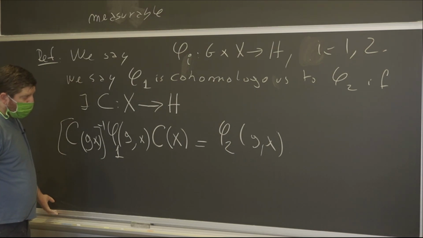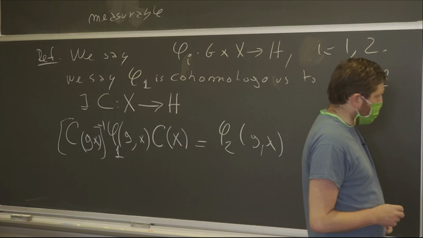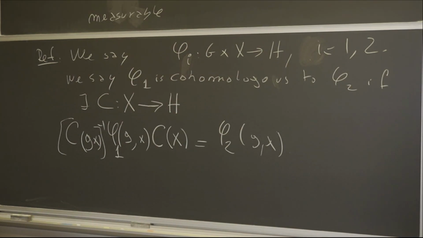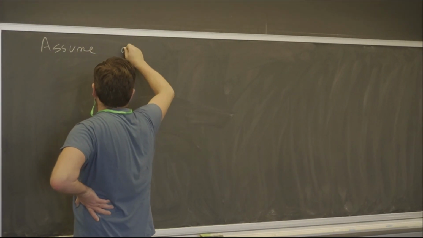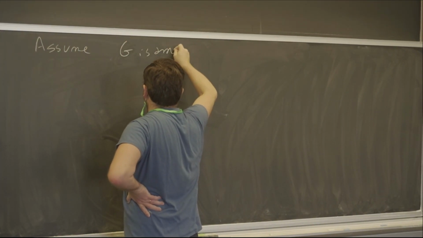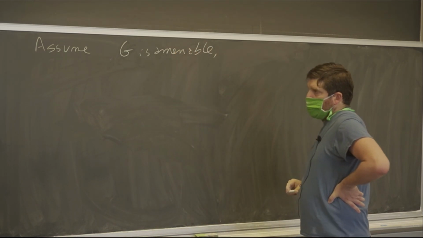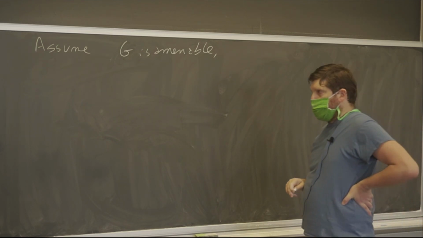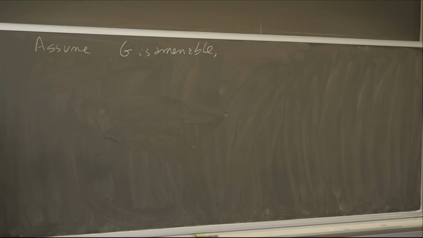That's it so far. So now we want to enter into this amenable reduction. So what's the goal in Zimmer? So assume G is amenable. Actually, Zimmer then goes further and allows you to be more general than just an amenable group.